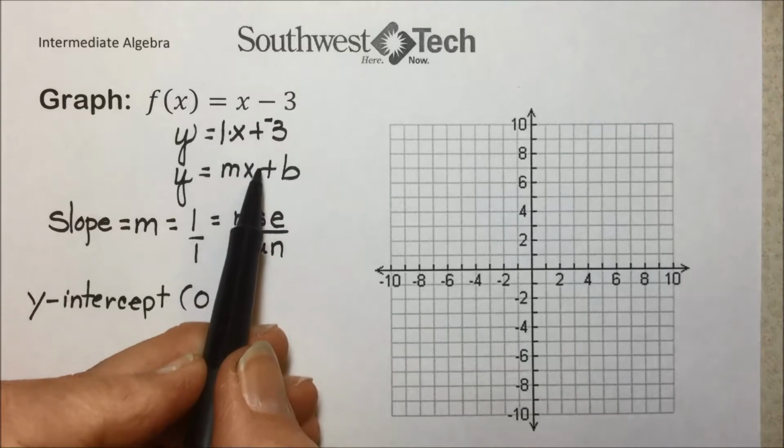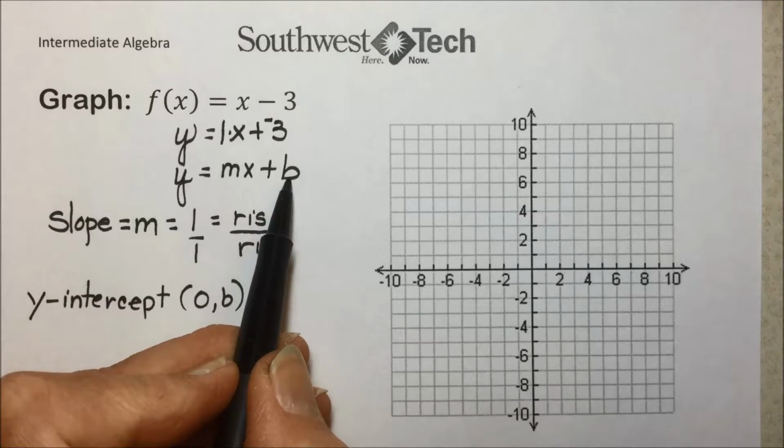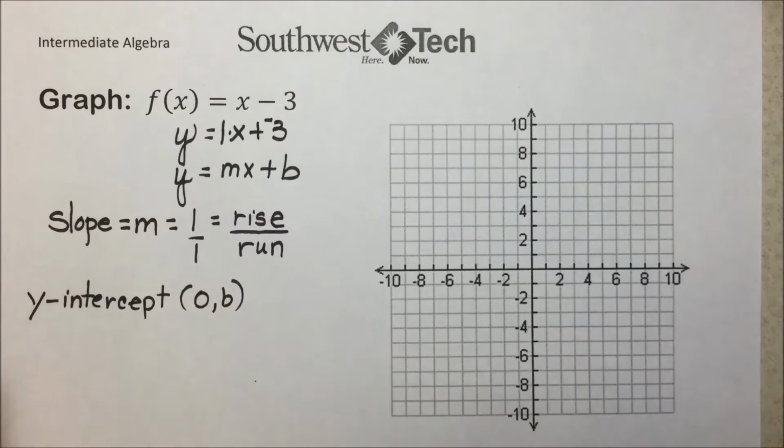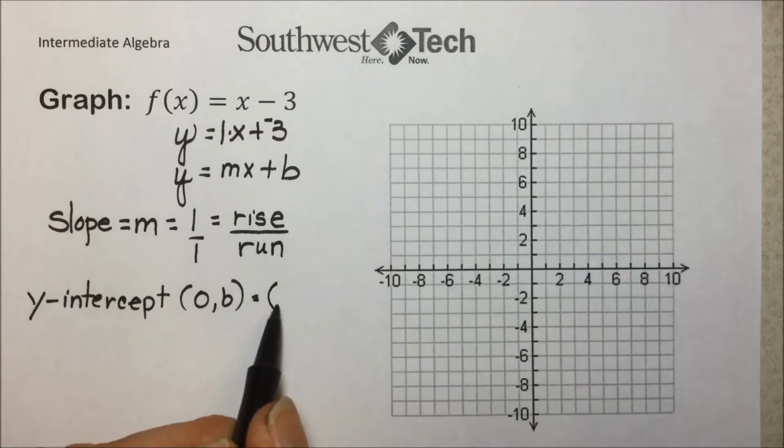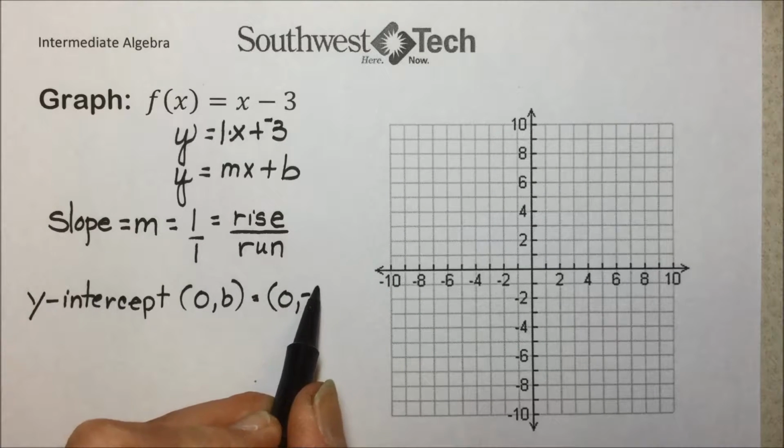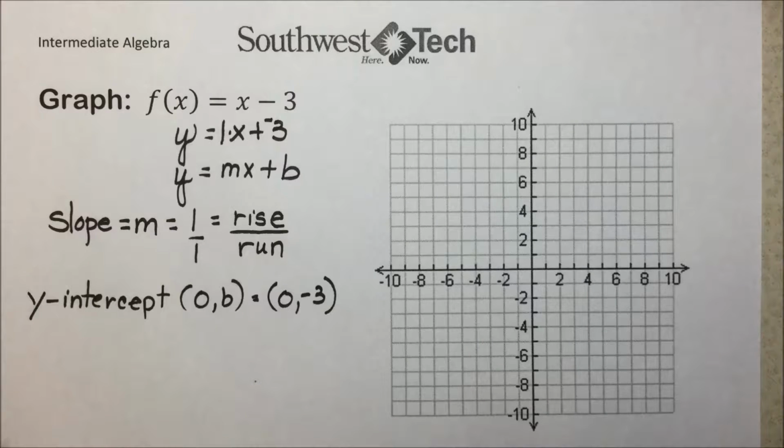That now allows us to go ahead and determine that the value of b for this equation is a negative 3, which gives us the point (0, -3), the coordinates of the y-intercept. We now have the necessary components to graph this linear function.